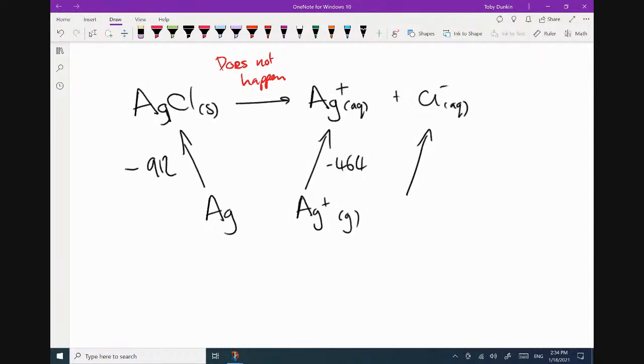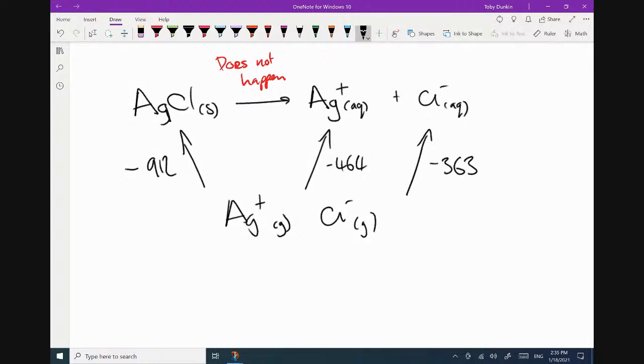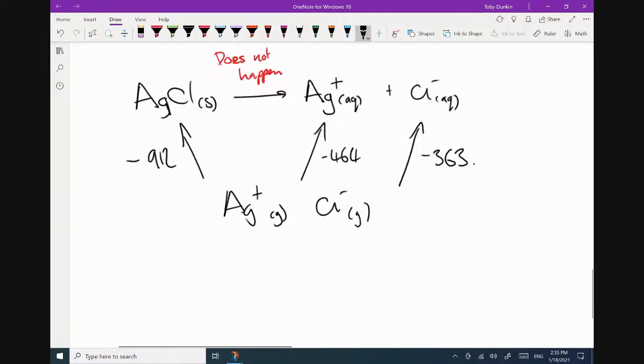This is AgCl. No, hang on a sec. No, it's coming down. Sorry, I'm making a mess of my cycle. Ag plus gas and Cl minus gas. What's the chloride one? We've already come across that. Wasn't that -363? Perfect. So what we can now do is prove why it's not going to dissolve.